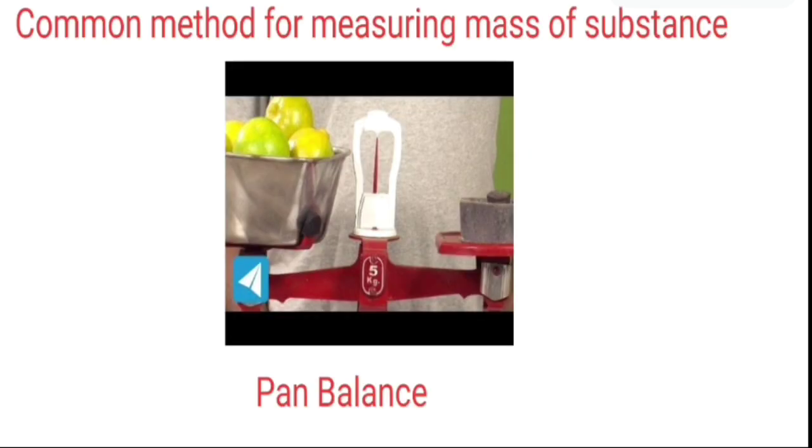Before discussing this, let's have some idea how we are calculating mass of a substance in our daily life. Here you can see one instrument called pan balance. By using the pan balance, we want to calculate mass of the oranges. While calculating the mass of the oranges, we are comparing the mass of the oranges with a standard mass. So this is the standard mass.